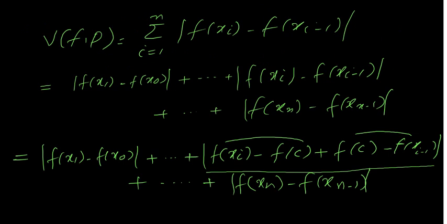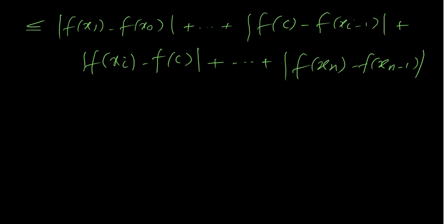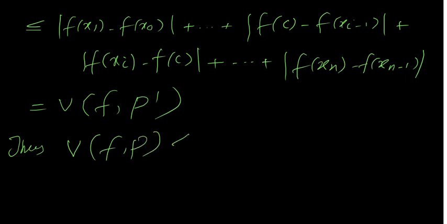These points x naught, x1, x2, so on up to xi minus 1, then c, then xi, then so on up to xn, form the partition P dash, which is obtained from the partition P. So it's equal to the variation of F over P dash. Thus we have the variation of F over P is always less or equal to the variation of F over P dash.